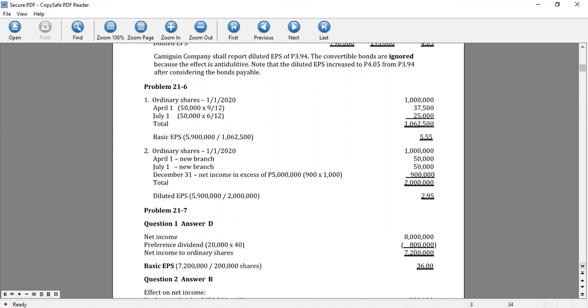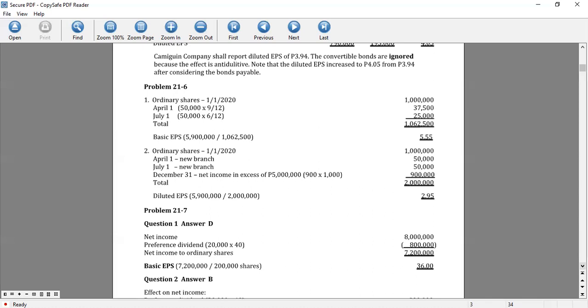earnings per share and diluted earnings per share. So the ordinary shares outstanding on January 1, 2020 have a total par of 1 million.